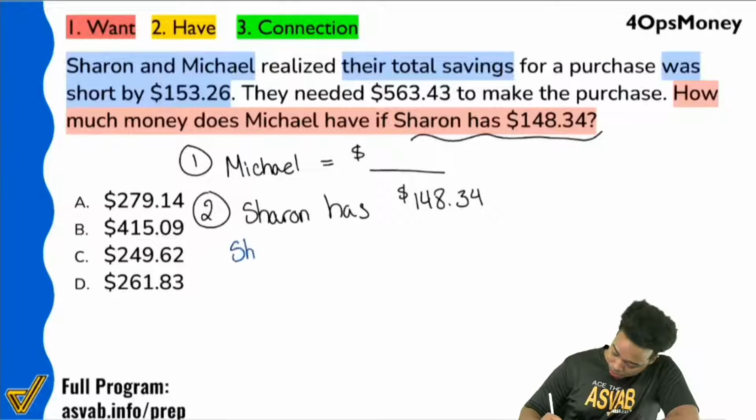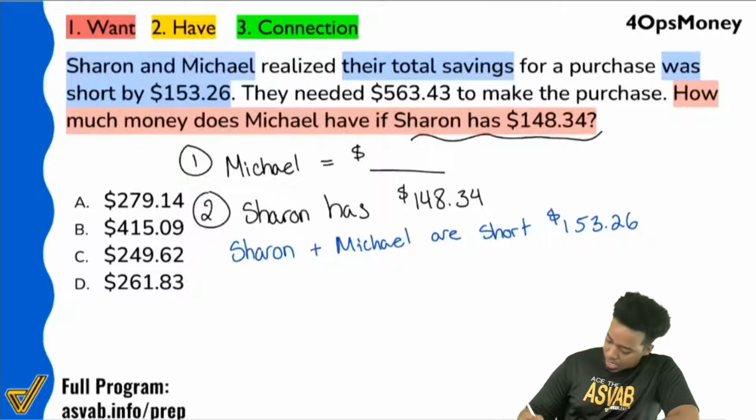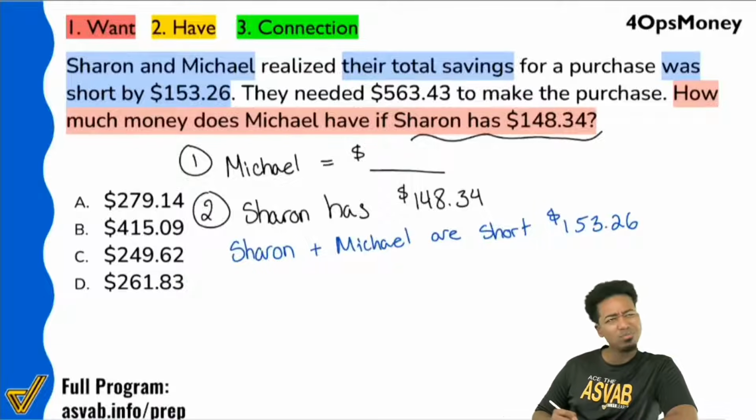So Sharon plus Michael are short that much money. And it says that they needed this much money to make their purchase. Okay, let me write that.